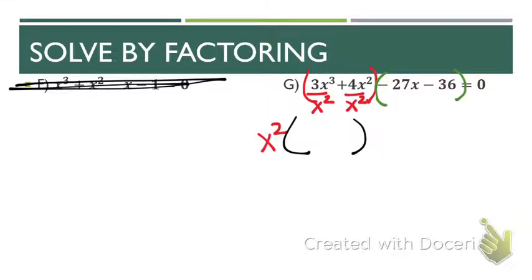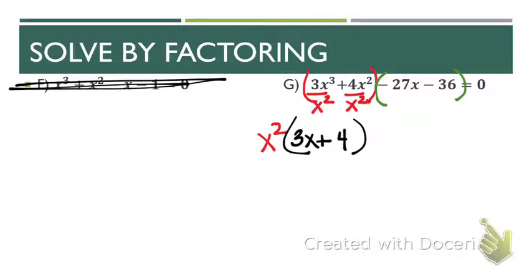So after I divide both of those terms by the GCF, what do I have left? So 3x cubed divided by x squared, you're going to subtract your exponents, and that gives you just 3x. And then x squared divided by x squared is just 1. So you should have 3x plus 4.